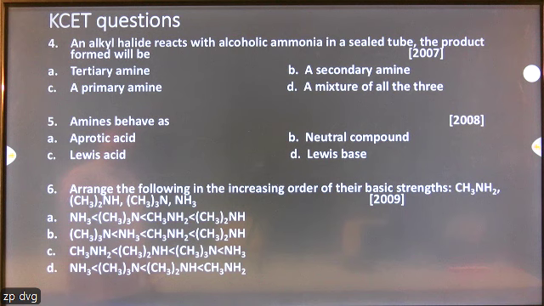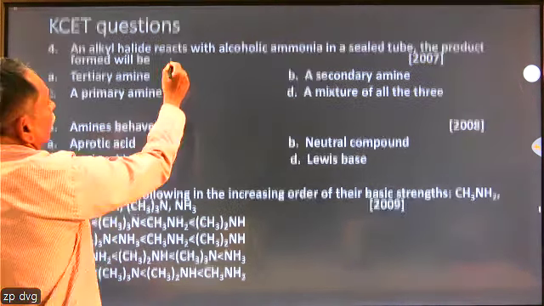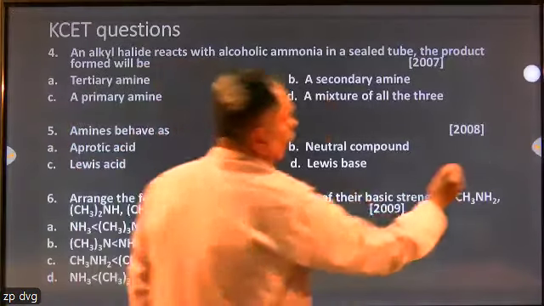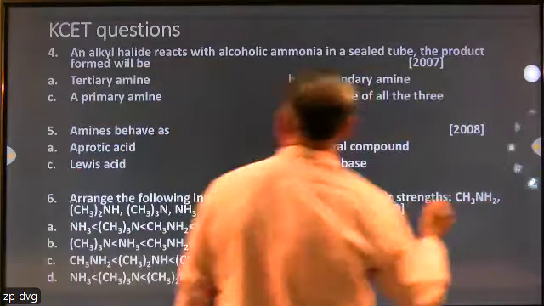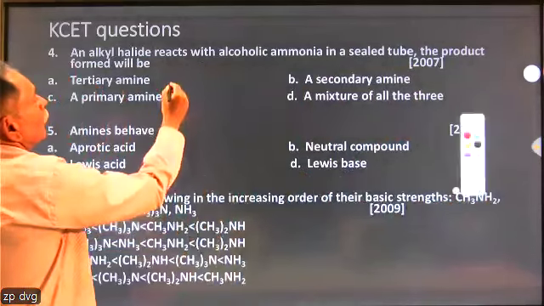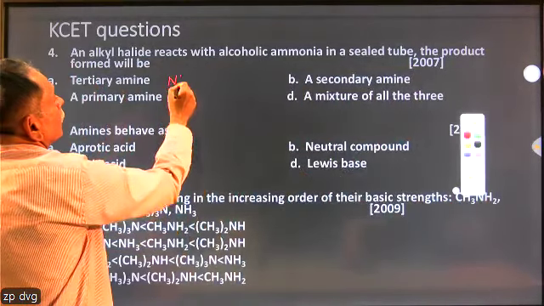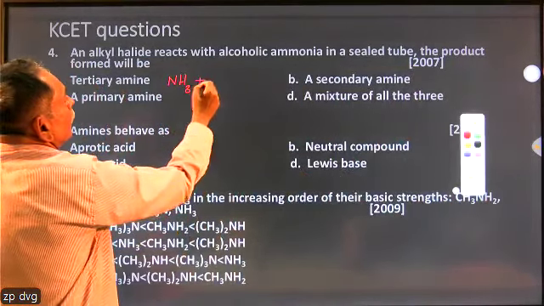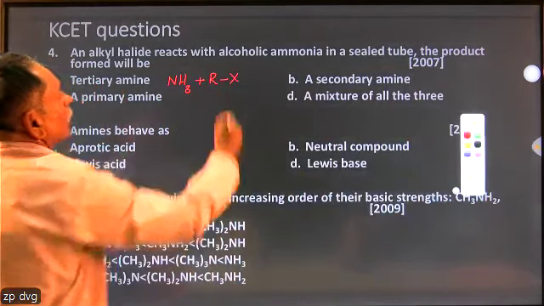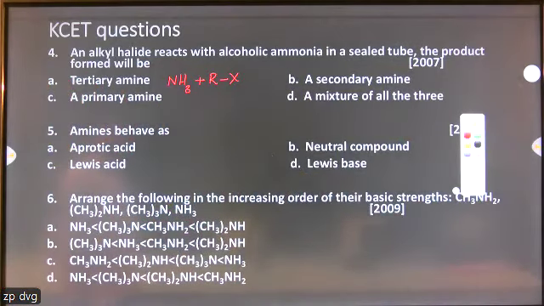So I have told you ammonolysis of alkyl halides. So when ammonia is treated with alkyl halide, you get a primary amine. That primary amine in turn reacts again with alkyl halide to give you a secondary amine.